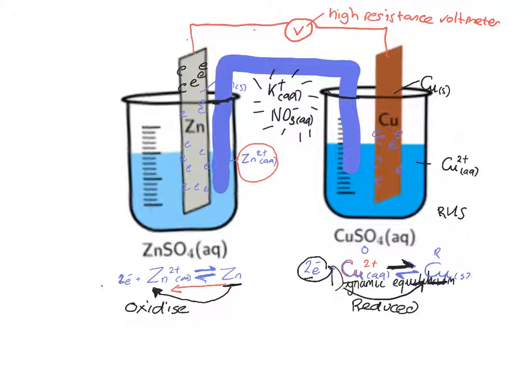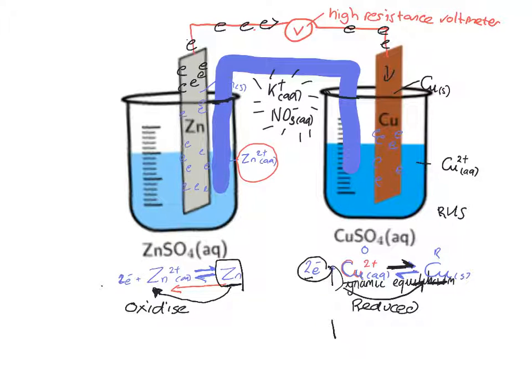So once the zinc atoms are stripped of their electrons, they move around the circuit towards the copper metal, which picks the electrons up and becomes reduced. We therefore call the copper the cathode because reduction is taking place.